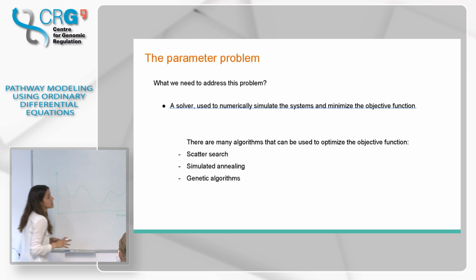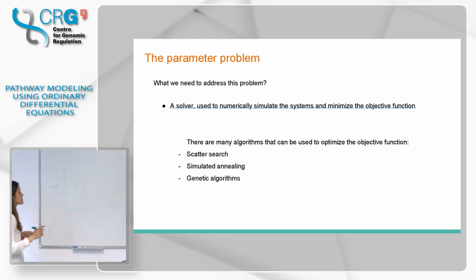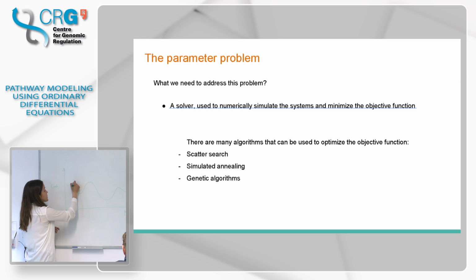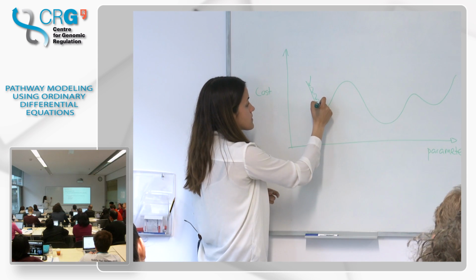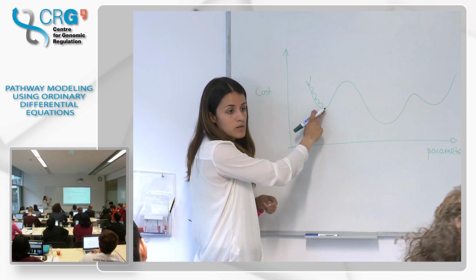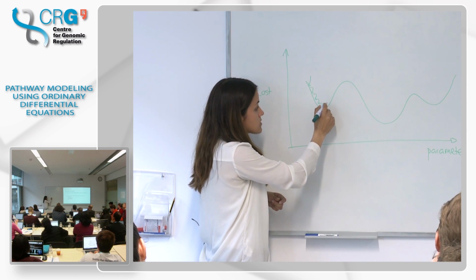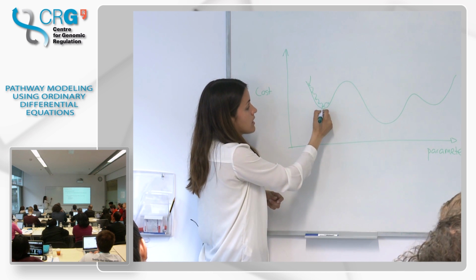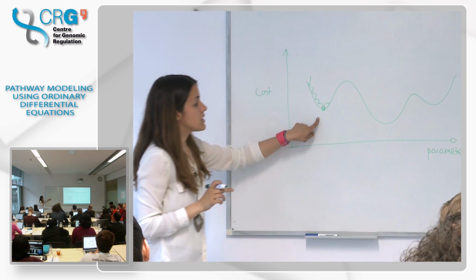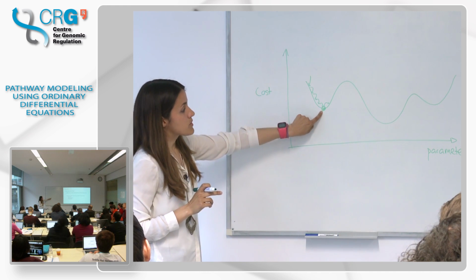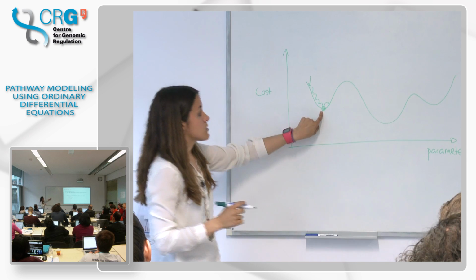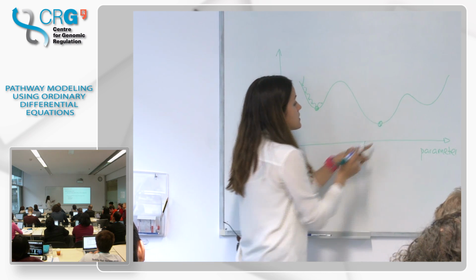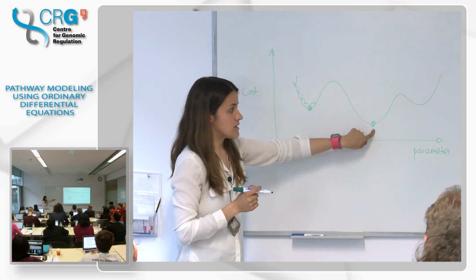If I'm using a local algorithm to optimize this function, I may start at this point and continue searching. Here I found a minimum, but it's not the global minimum. If I'm using a local algorithm, it says that I'm going up again, and it will indicate that this is the minimum that optimizes my cost function. But this is not true. I have another point here that is much better to fit my data.